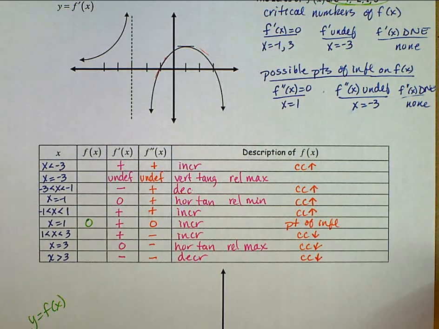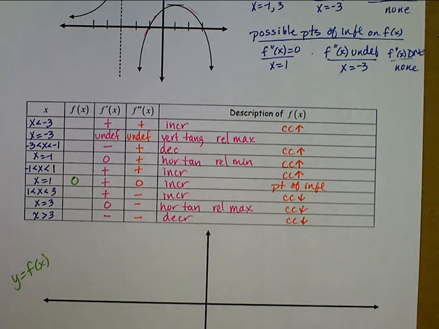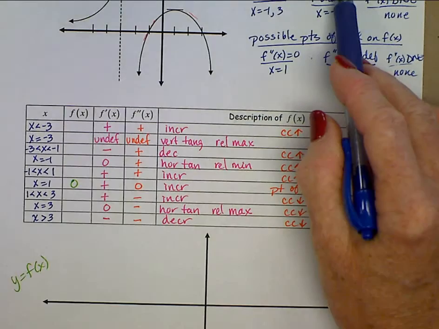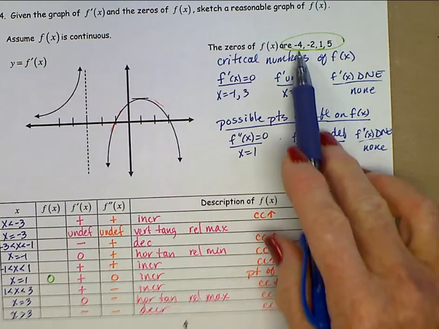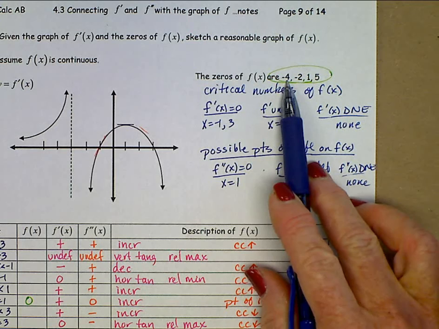All right, let's sketch this graph. And don't forget about the zeros way up here. We need to see all the way out to x is negative 4 and x is 5.